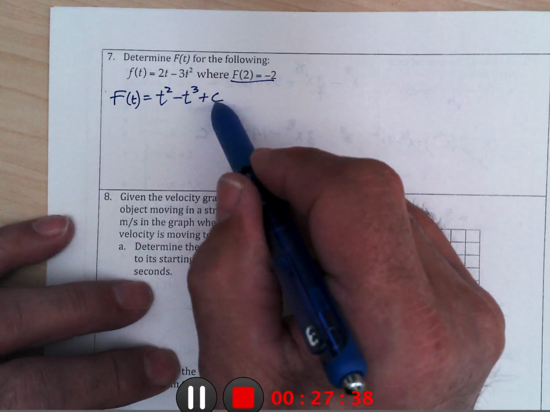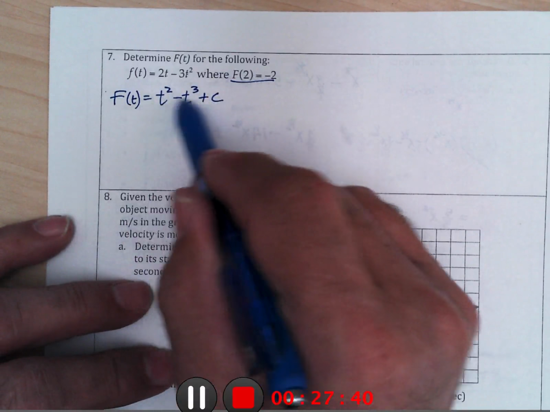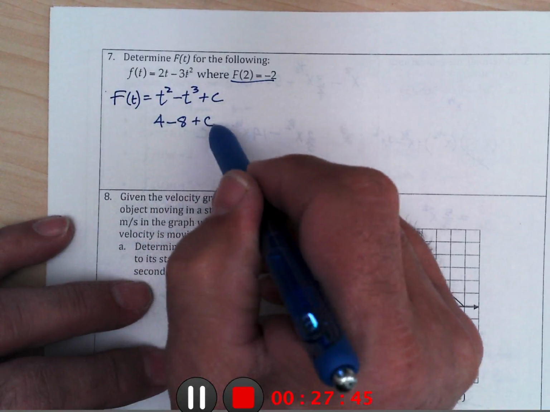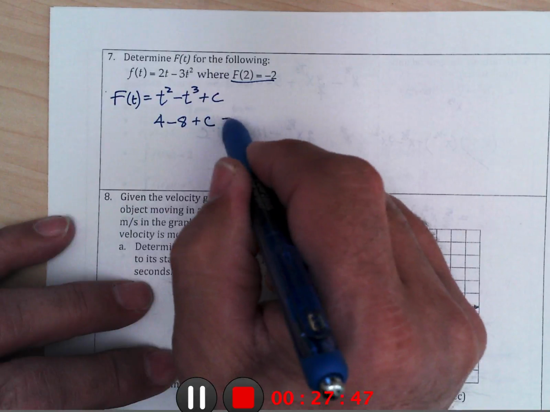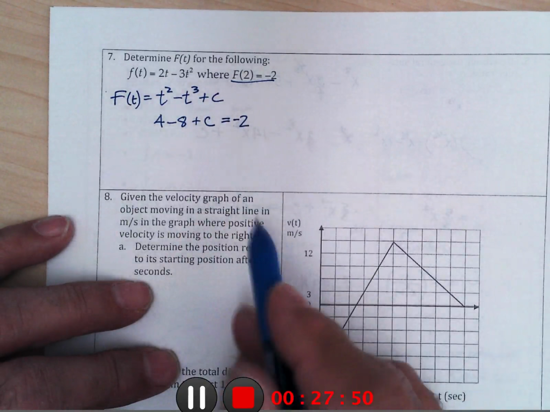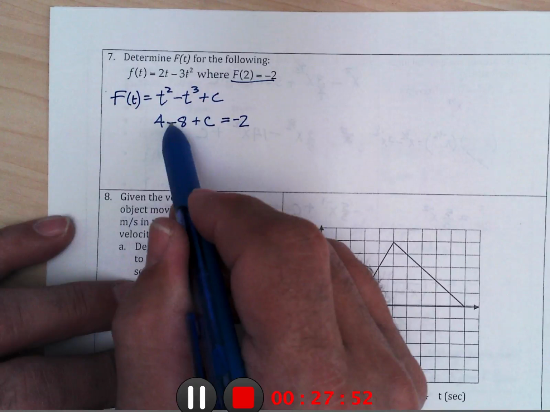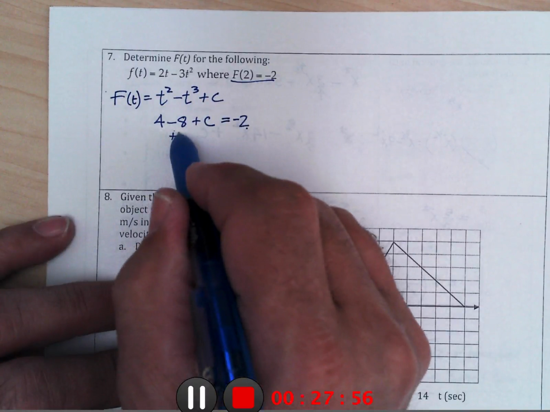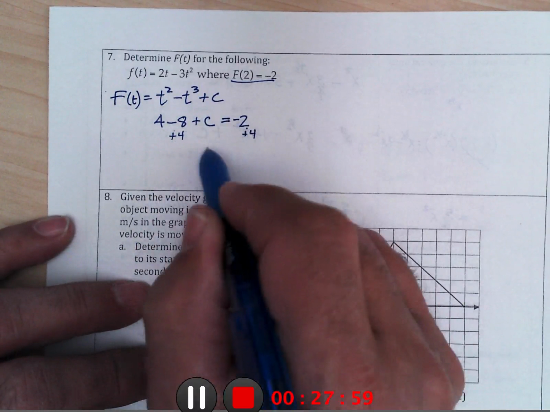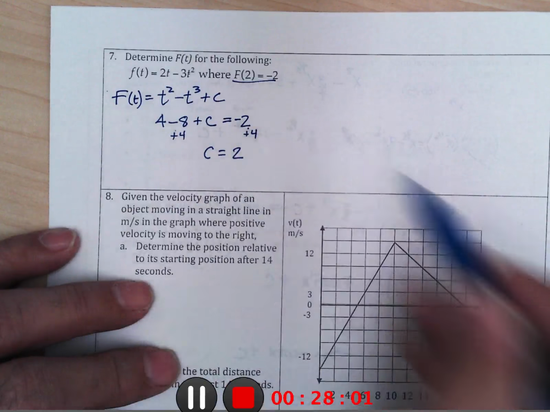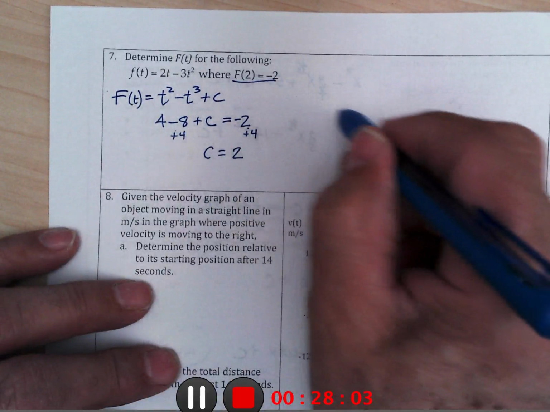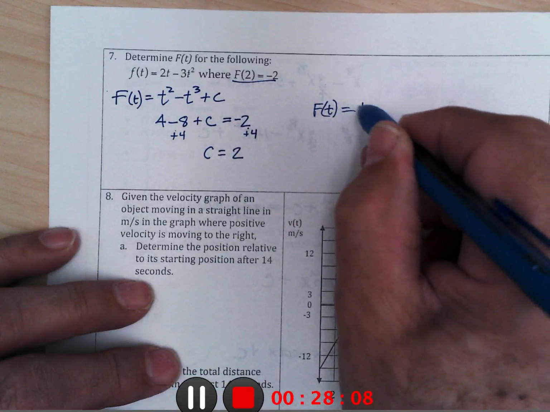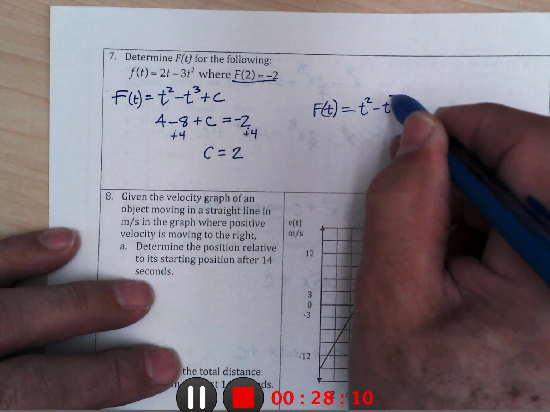If I put in 2, I get 4 minus 8 plus c, and it's supposed to come out to be negative 2. 4 minus 8 is negative 4, so if I add 4 to both sides, I get c equals 2. So my final equation for capital F of t is t squared minus t cubed plus the c.